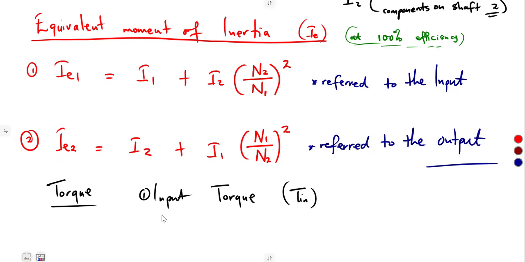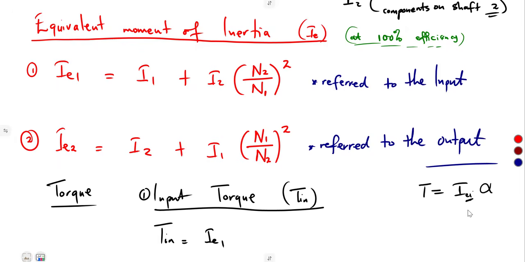So the input torque is going to be equal to, remember, torque is equal to moment of inertia times angular acceleration. So when it is input, you use the equivalent. The moment of inertia must be the equivalent one. Other textbooks call this one IT, equivalent, they call it IT.